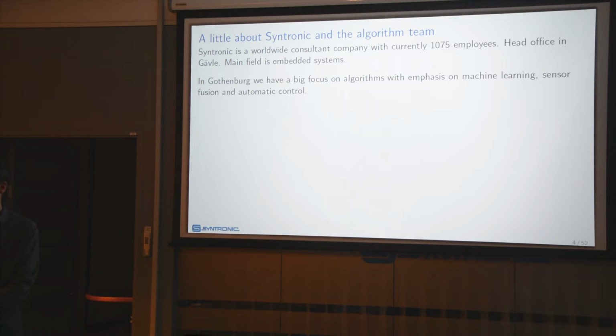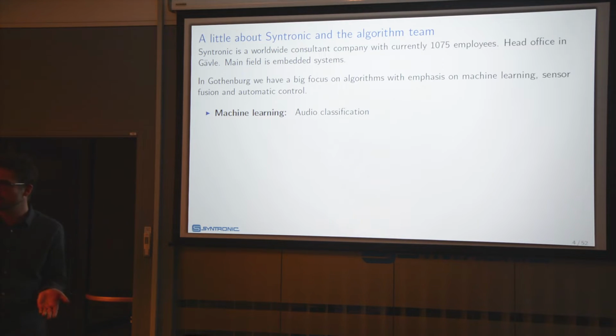But in Gothenburg, we have a focus on algorithms, and with algorithms we mean machine learning, sensor fusion, and automatic control. We usually included computer vision, but we didn't do so much computer vision, so I removed it. Some examples of things that we've done. When it comes to machine learning, we did quite cool things within master theses.